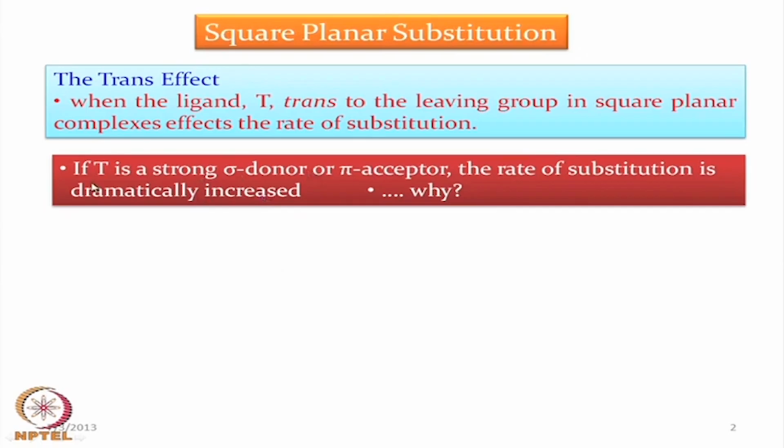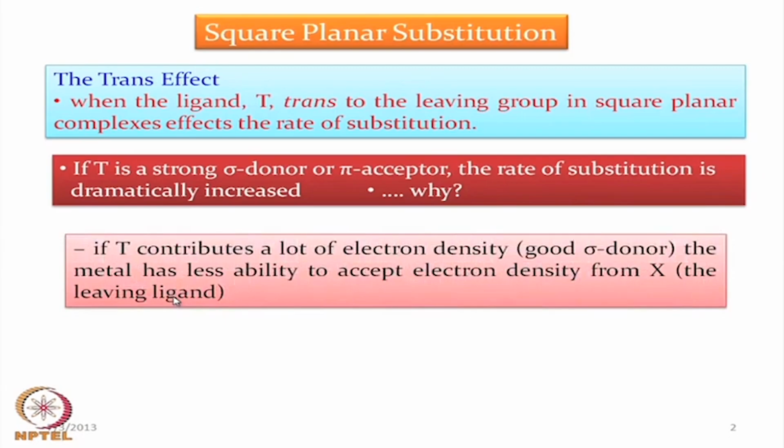So, we will consider two types of T ligands. One is the sigma donor type and another is the pi acceptor type, because we have seen earlier that these can change the ligand field stabilization energy. That means the splitting is more, which stabilizes the compound in the low spin state, and the gap between the metal-centered and ligand-centered molecular orbitals is also bigger.